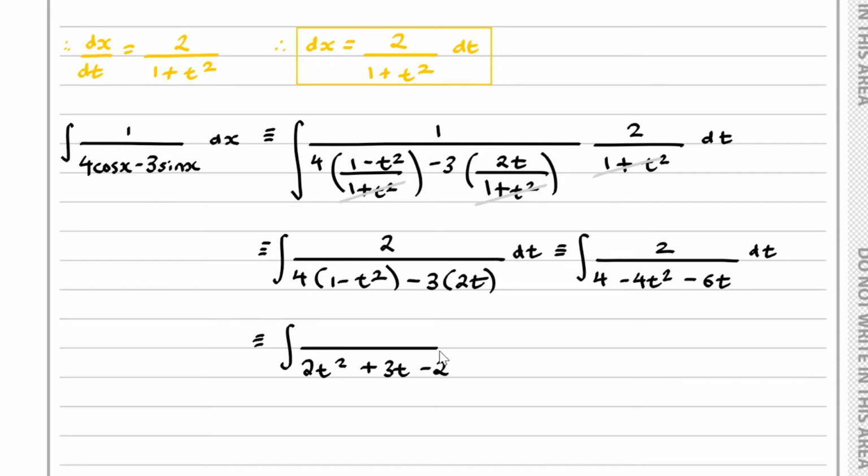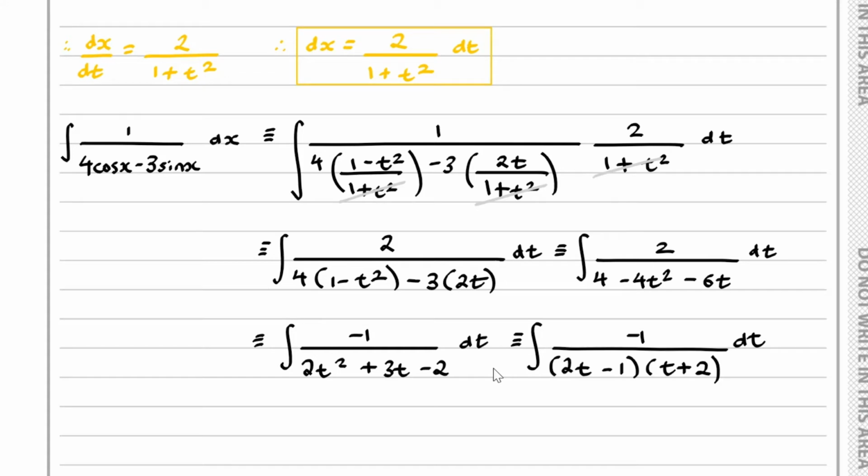On the top we have minus 1, and then we have dt. And if we factorize this, on the bottom we have 2t minus 1 lots of t plus 2. Okay, so we wish to integrate this.